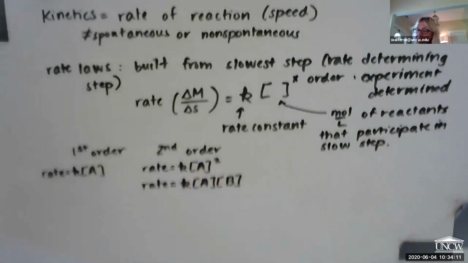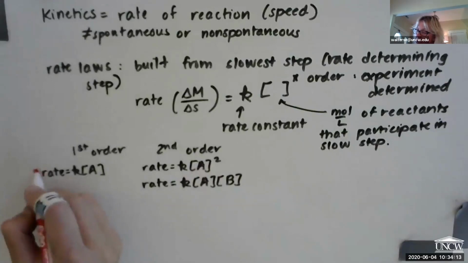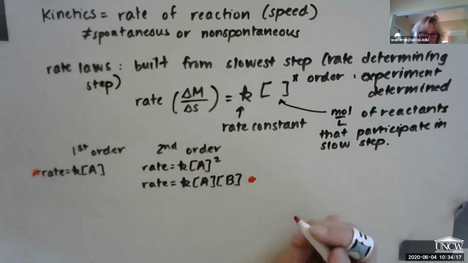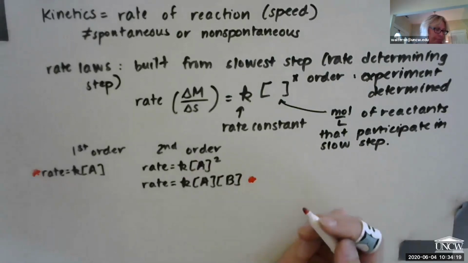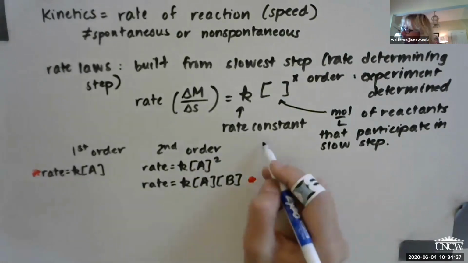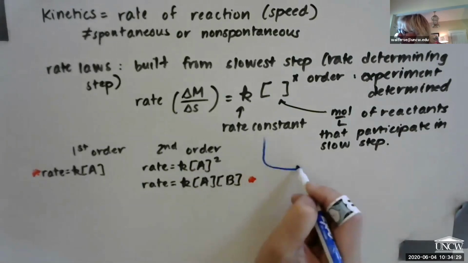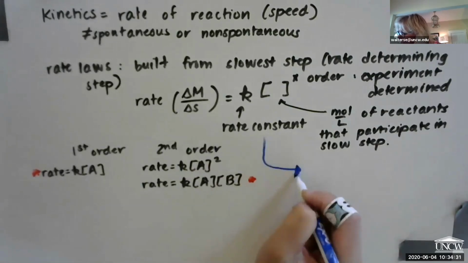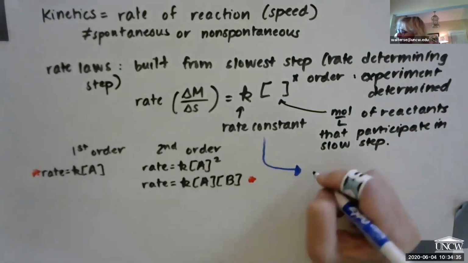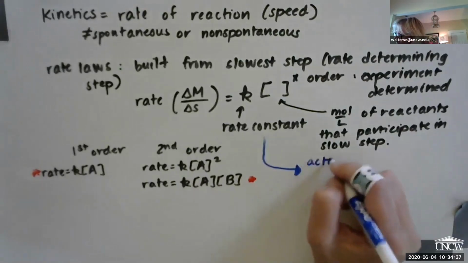In organic chemistry, we're going to use rate equals k[A] and rate equals k[A] times [B]. Now the rate constant, you would determine that experimentally, but this is dependent on the activation energy.